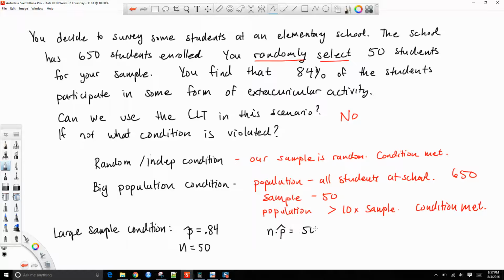So we have 50 times 0.84, and we get 42. And we do N times 1 minus P, or 1 minus P hat in this case, 50 times 1 minus 0.84. And when we do that, we get 8, okay? So this one is bigger than or equal to 10, that's good. But this one is not bigger than or equal to 10, okay? So this condition is not met.